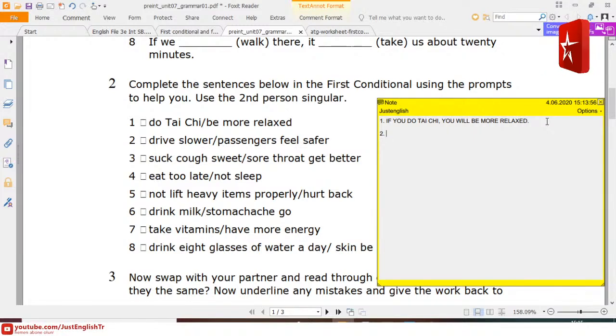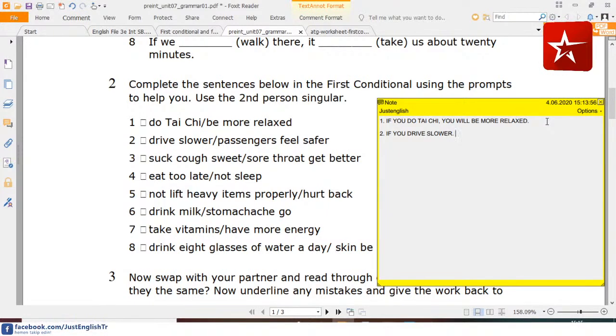And number 2. Drive slower, passengers feel safer. Okay, Ramazan has already written the correct answer. Yes, if you drive slower, and also we have to use a comma after the if clause.